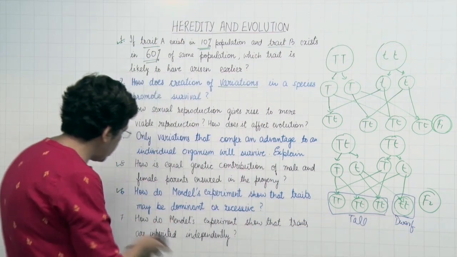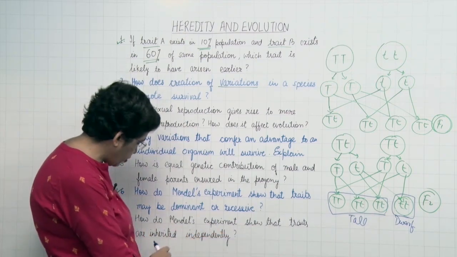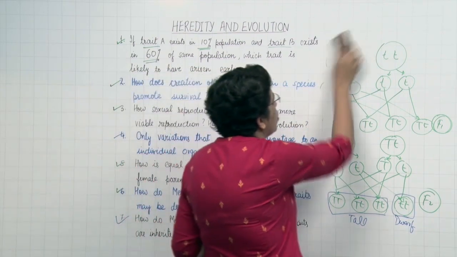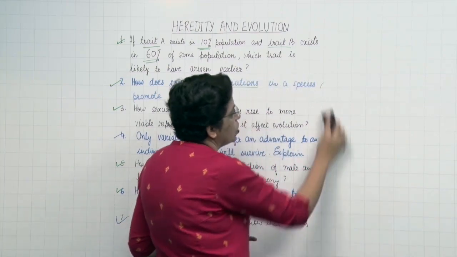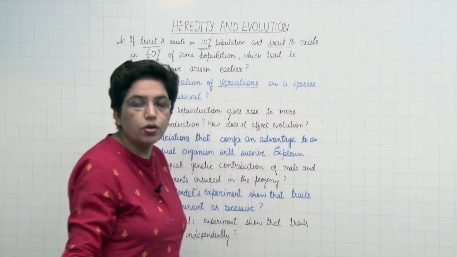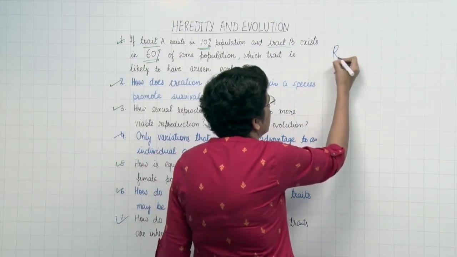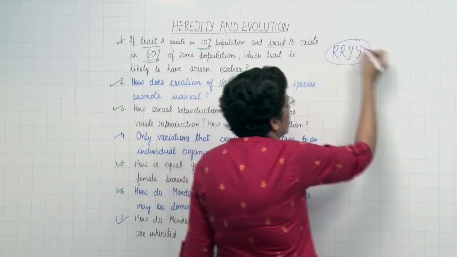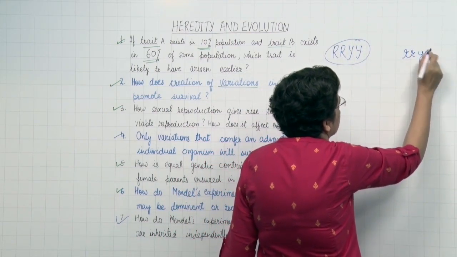Now, the next question: how do Mendel's experiments show that traits are inherited independently? Another kind of experiment performed by Mendel was the dihybrid cross, in which he took any two characteristics. Let us take round and yellow. On the other hand, wrinkled and green.